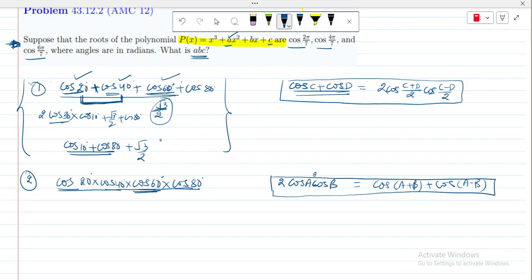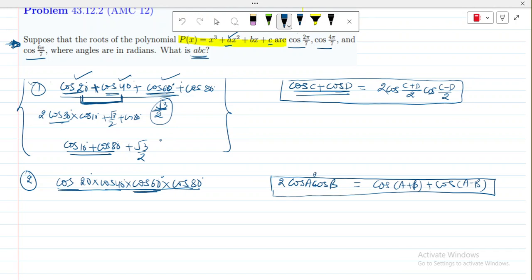Okay, so 2 cos 20 into cos 40, you can apply this formula: cos A plus B plus cos A minus B. So cos A plus B becomes 60, and A minus B becomes what? Cos 20. Again, you can write the value of cos 60, that is half, and cos 80 you can multiply inside.